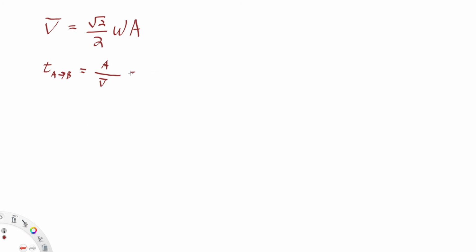And now we are definitely able to do this. So we have A over square root 2 over 2 omega A. A's cancel.